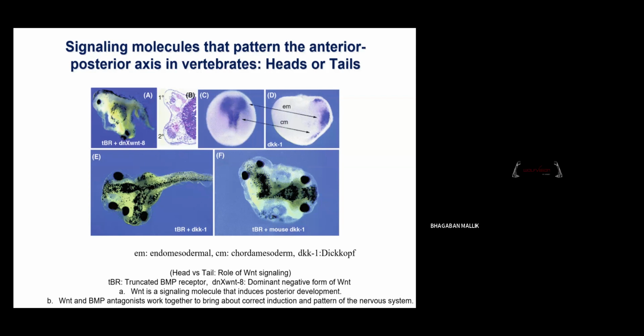So here two sets of experiments were done. This is a Xenopus frog embryo. They injected two distinct versions of the gene: this is the truncated BMP receptor, and this is the dominant negative of the Wnt8 ligand, sorry, the gene. We know that Wnt is required for posterior development, and we already talked about that when we were talking about Drosophila.